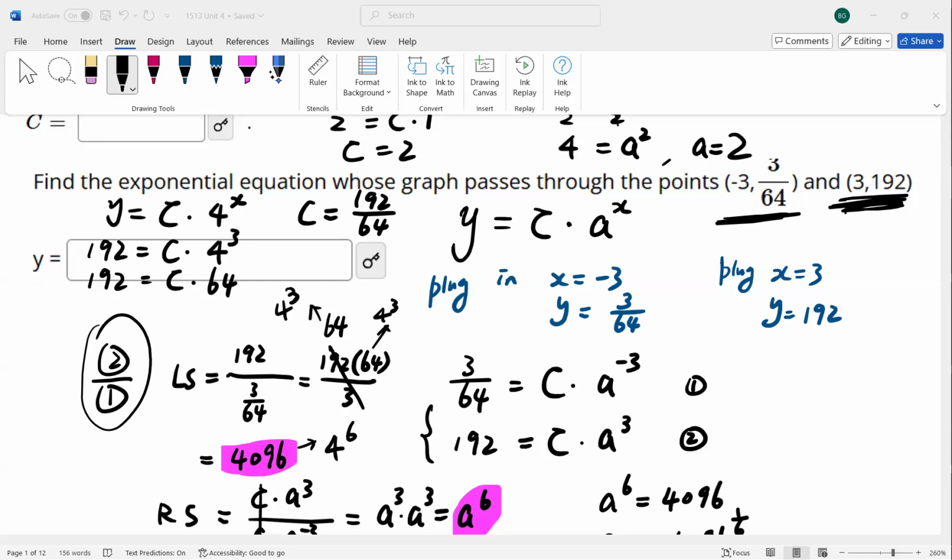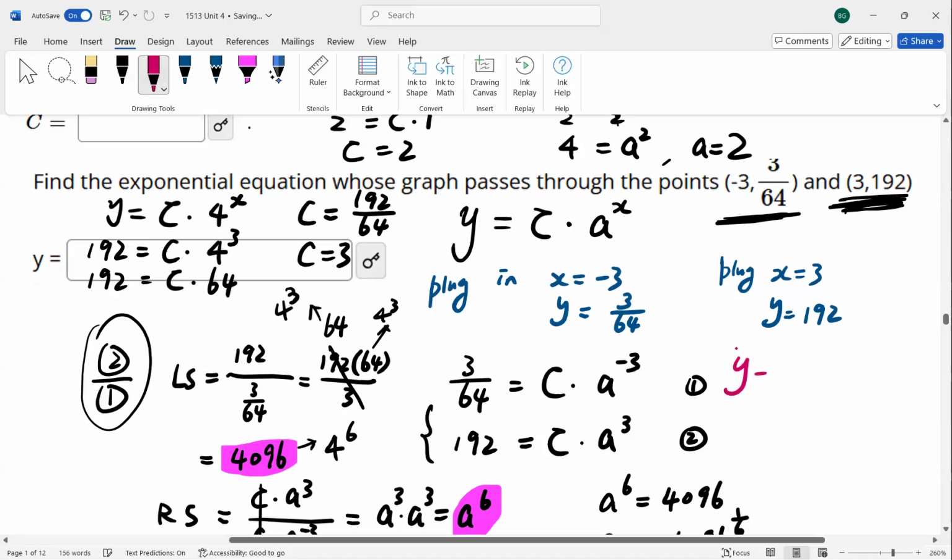So c is 3. The final answer is y equals 3 times, what is our a? a is 4, right? 4 to the power of x.